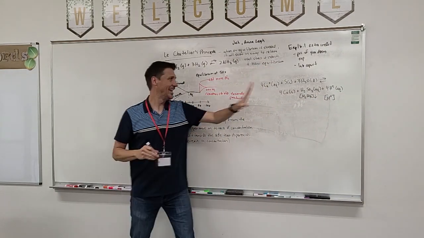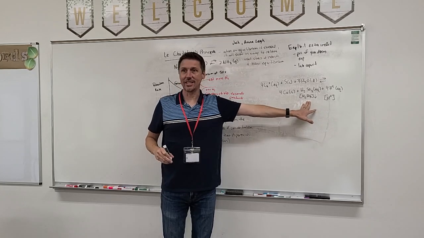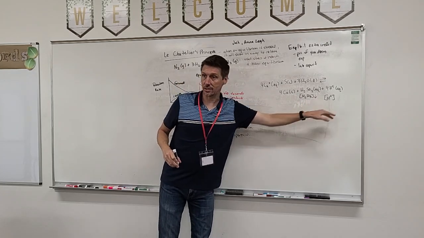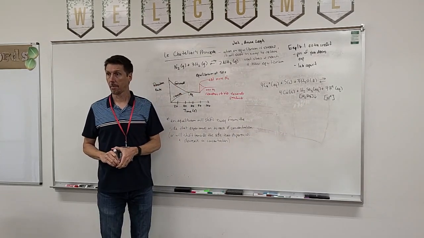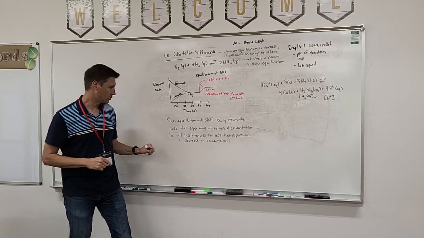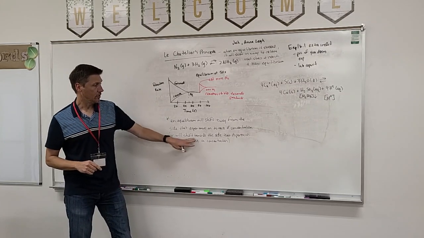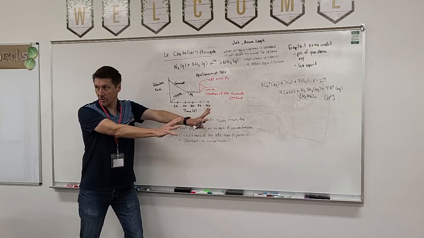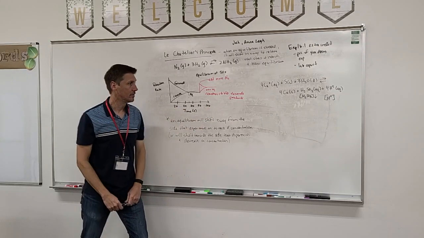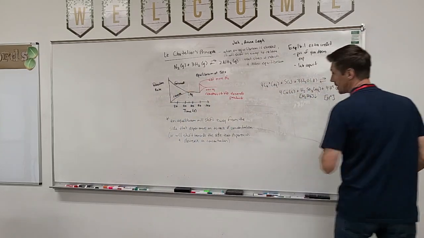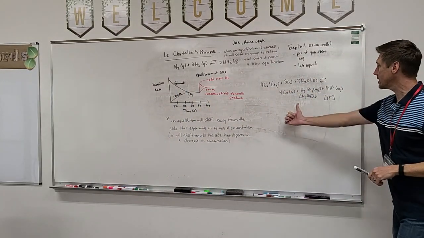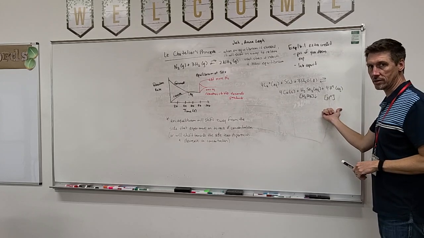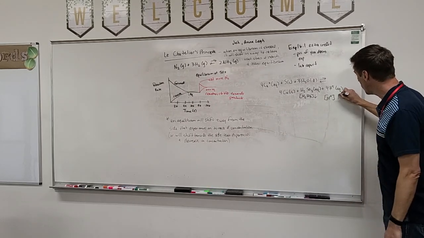So how is the decrease in this concentration going to affect this concentration here? Remember, if you have a decrease, it's going to shift towards the side where the decrease occurred. So if the product side decreased, then it's actually going to shift in this direction to compensate for that, and this is going to go up again.